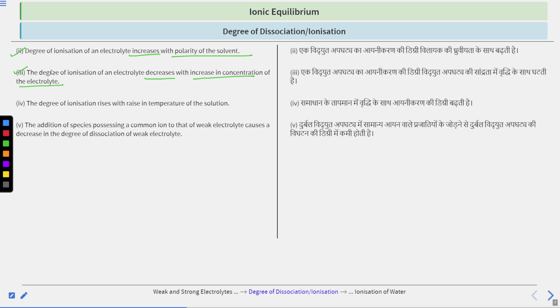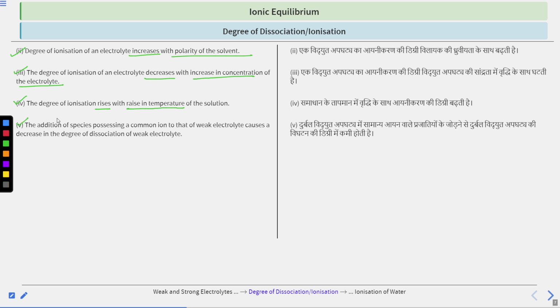So if we increase the concentration, the degree of ionization will decrease. Fourth factor: the degree of ionization rises with a rise in the temperature of the solution.